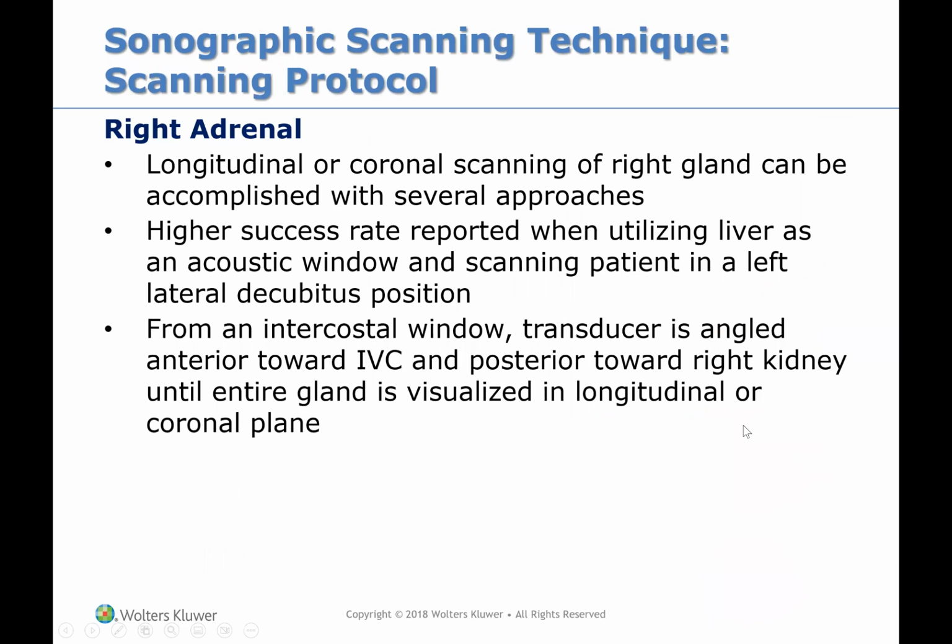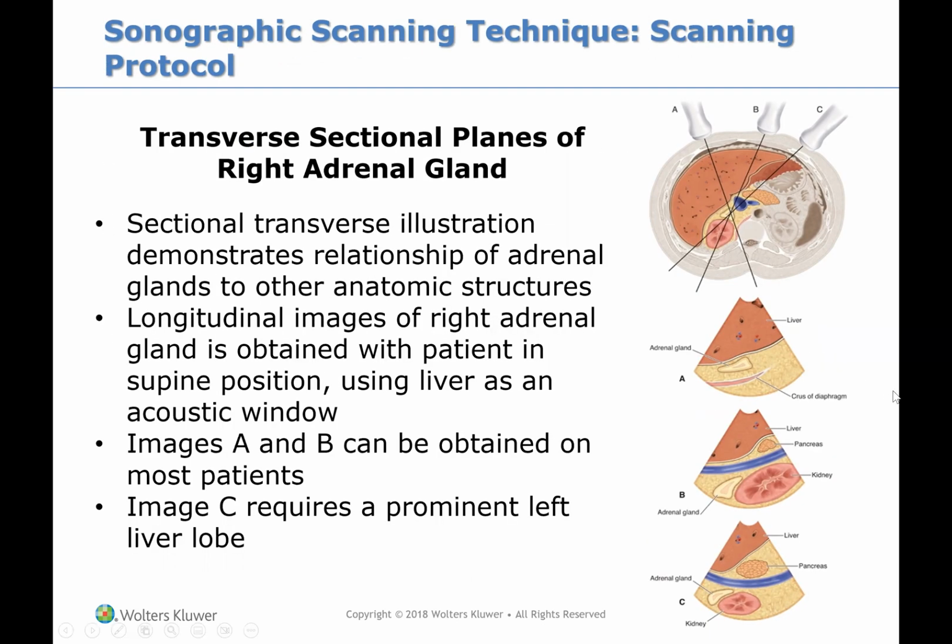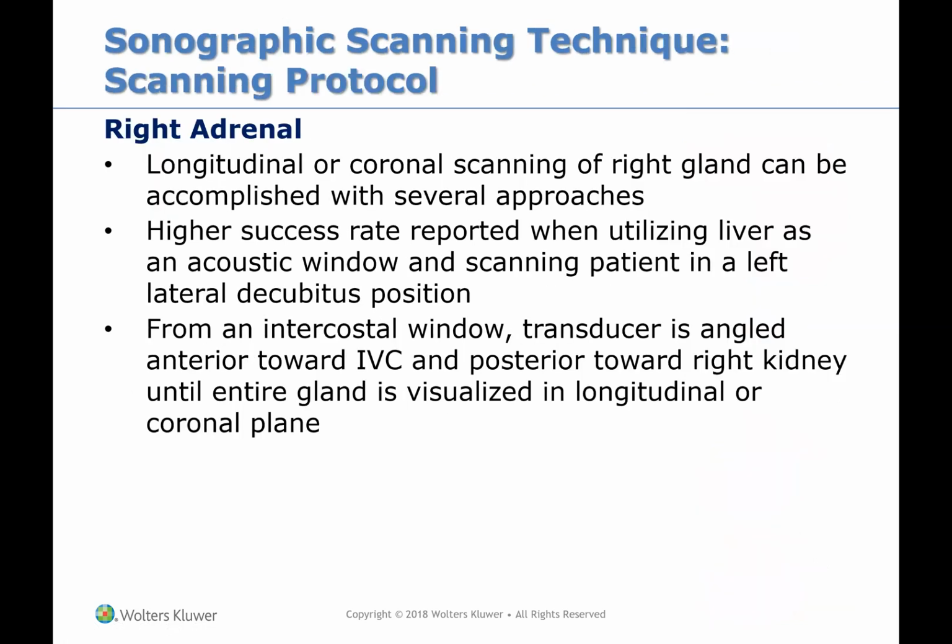Then you're going to go just over towards the right, and you're going to see the IVC, the pancreas, the liver, kidney there. And so just kind of scanning. So it takes a couple of tweaks to be able to see it.